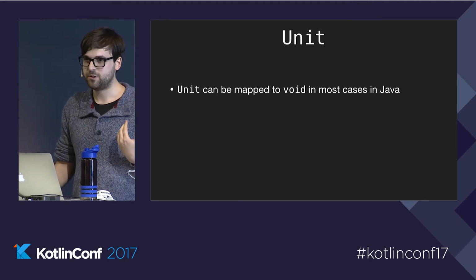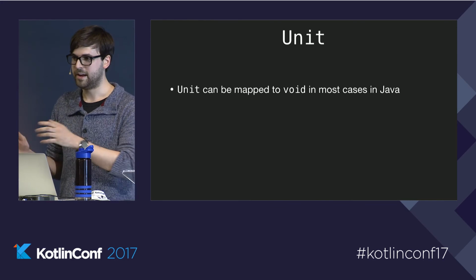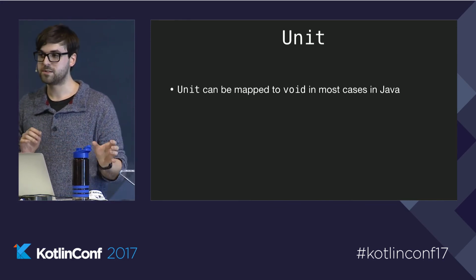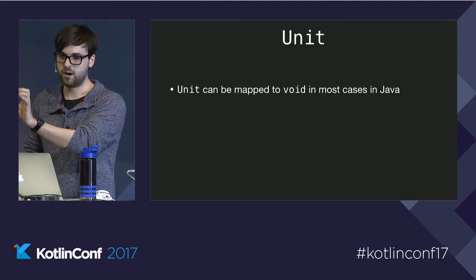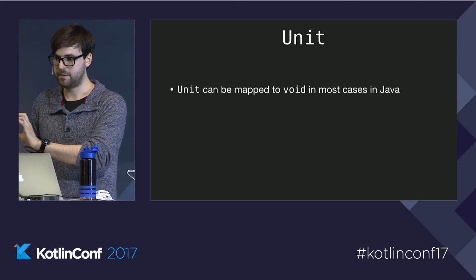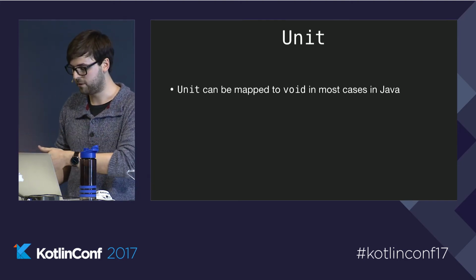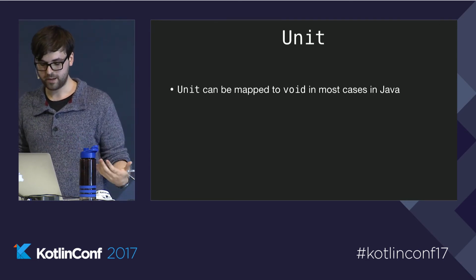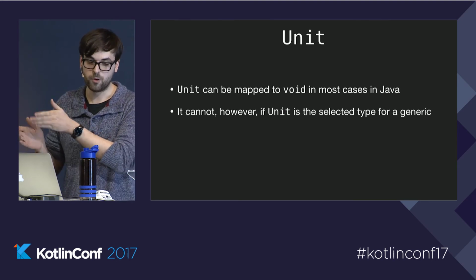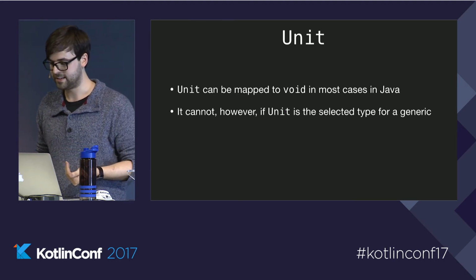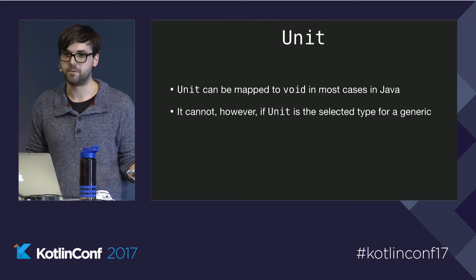But let's say that you're exporting a Lambda, and that Lambda returns Unit, right? Well, Lambdas are exported as Function1, or Function whatever, and then the type argument. So now you have Unit as a type argument. Well, it can't do that if it's a generic, because it can't put void, lowercase void, into the generic. That isn't a thing that you can do because it's a primitive type in Java, right?